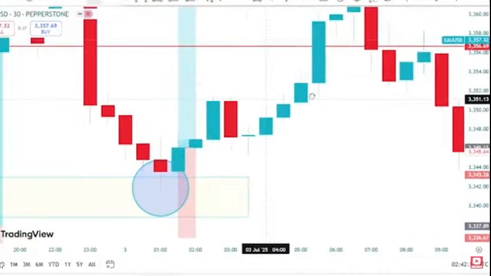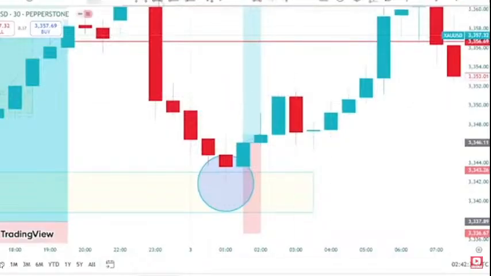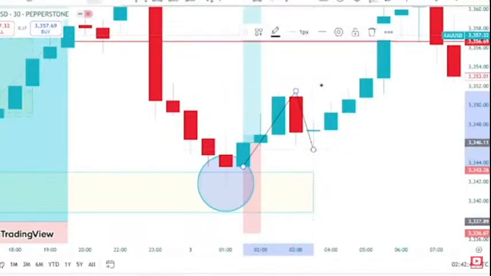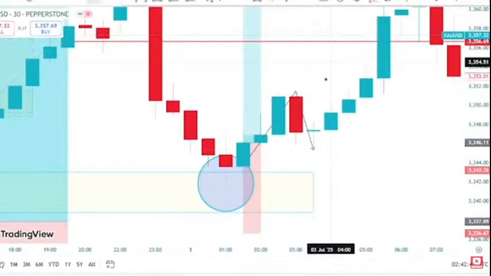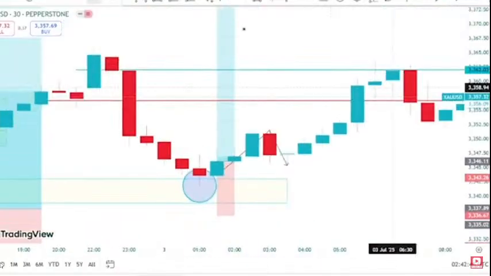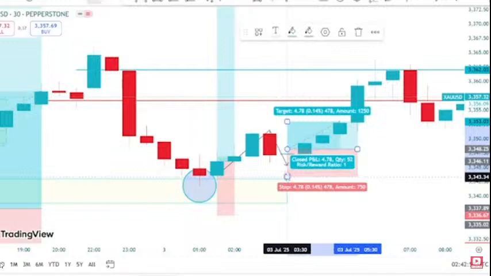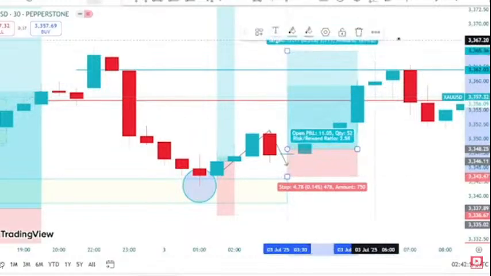Let me check well. Okay, we have made a higher high and a higher low from this pin bar from this area. Also, we took a trade. Remember on the live chart, we did enter from this area, anticipating an uptrend continuation.